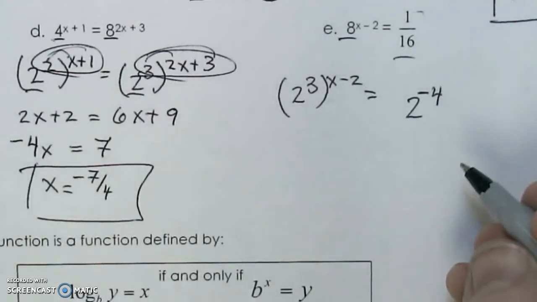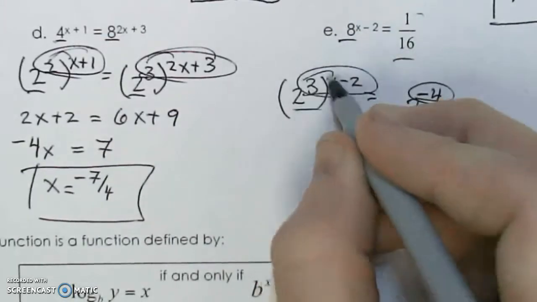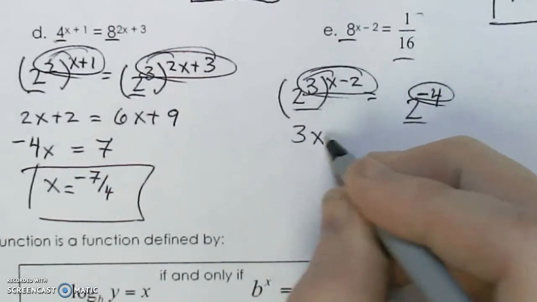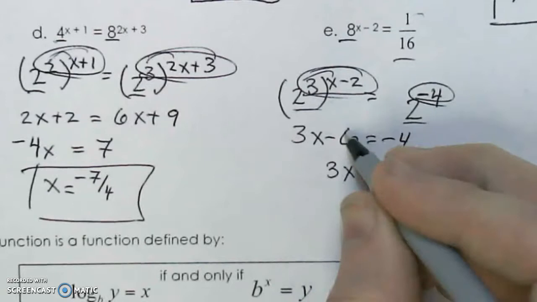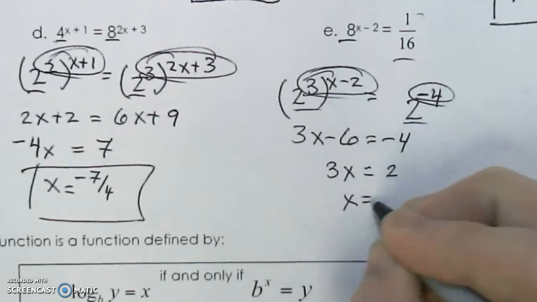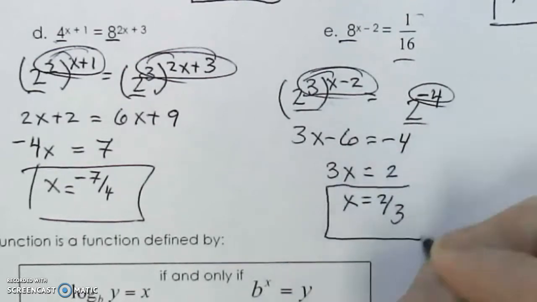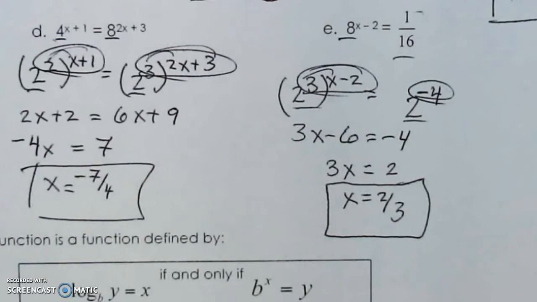And so here we're going to have bases match, so set the exponents equal. Distribute that 3. 3x minus 6 equals negative 4. If you add 6 to the other side, you get 2. Divide by 3, you get 2/3. All right, so that's getting the bases to match.